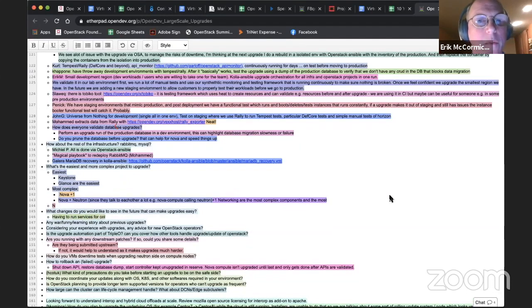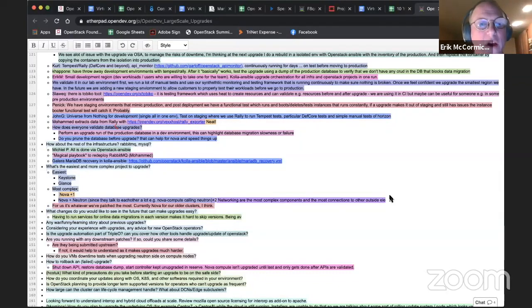Zero downtime, multi-version upgrade would be great, because we still have a lot of people for whom it's too much to bite off, upgrading even once a year sometimes. It would be nice for them to be able to catch up without having to hop through long outages and things like that. So long term, I would really like to see that.